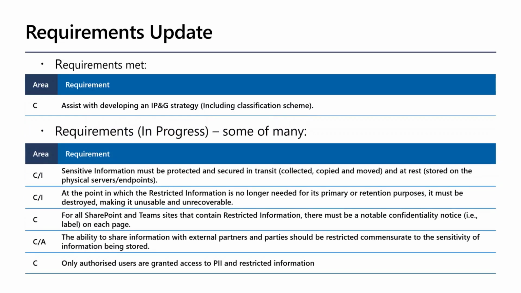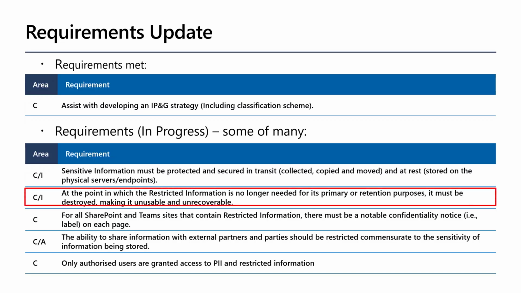With that said, addressing the information protection and governance strategy policy will lead the way and enable us to start addressing the remaining of the requirements. As an example, we cannot really determine and apply information retention on restricted information without first knowing what it is and where it is located.